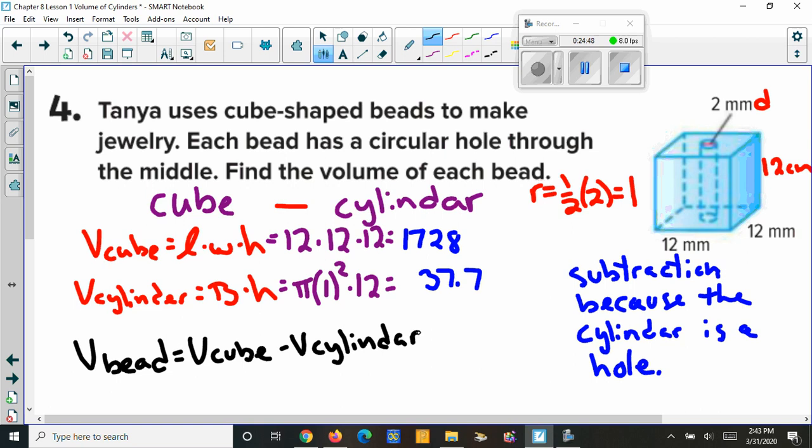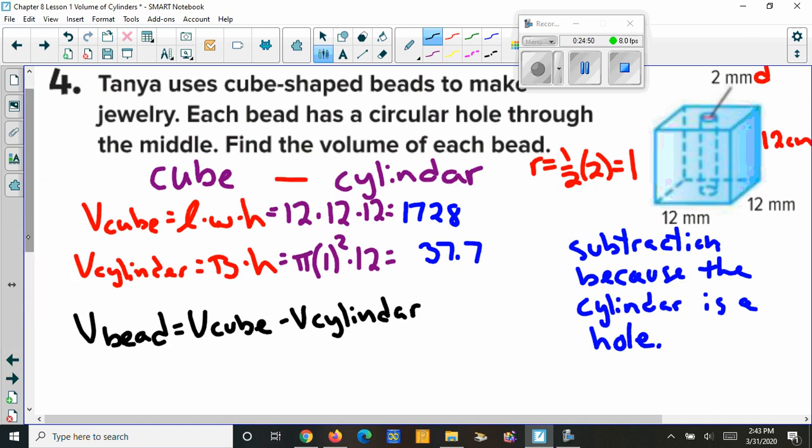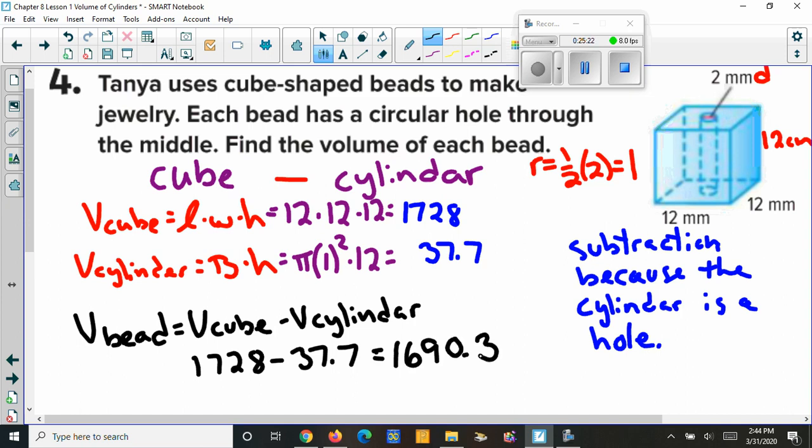Let me go ahead and substitute those in. 1,728 minus 37.7, which gives me a final answer of 1,690.3. Again, it's volume. I'm talking about everything in millimeters, so millimeters cubed.